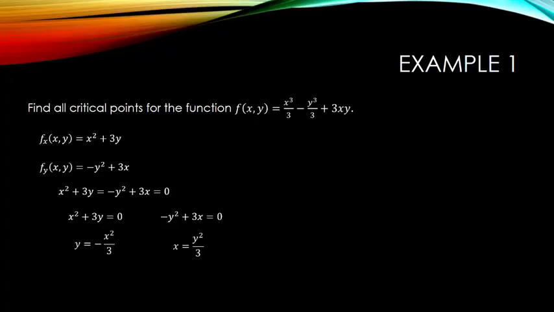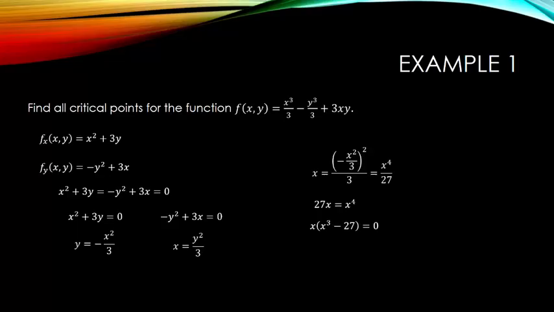If I look at my x equation, x is equal to y squared over 3, and substitute negative x squared over 3 for y, I get x is equal to the quantity negative x squared over 3, squared, divided by 3, or x to the fourth over 27. This gives me 27x is equal to x to the fourth. This can be written as x times the quantity x cubed minus 27 is equal to 0.